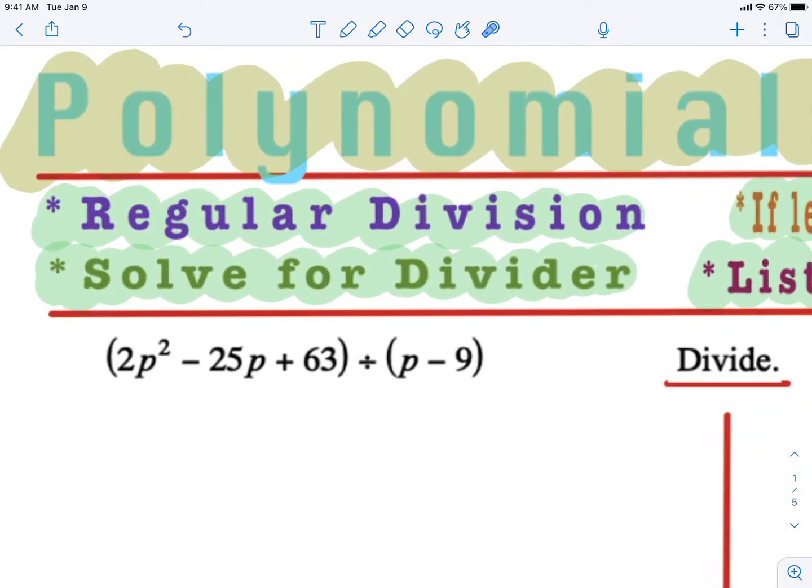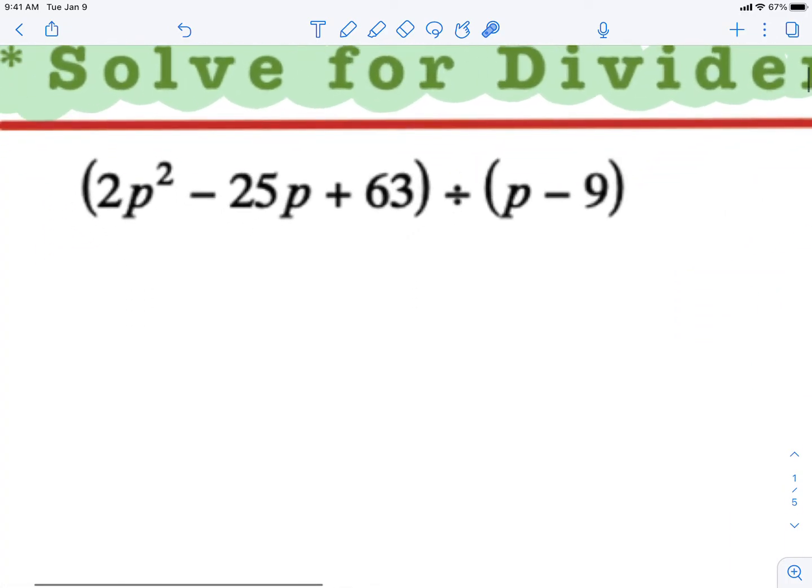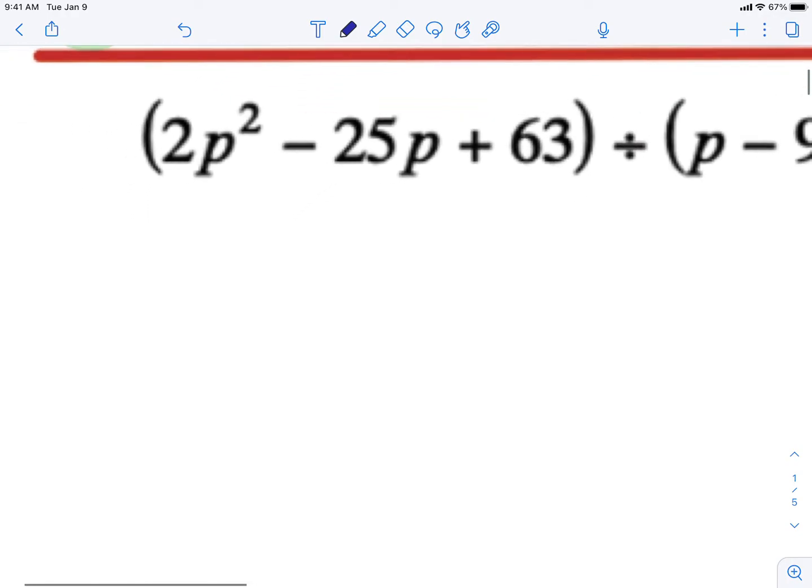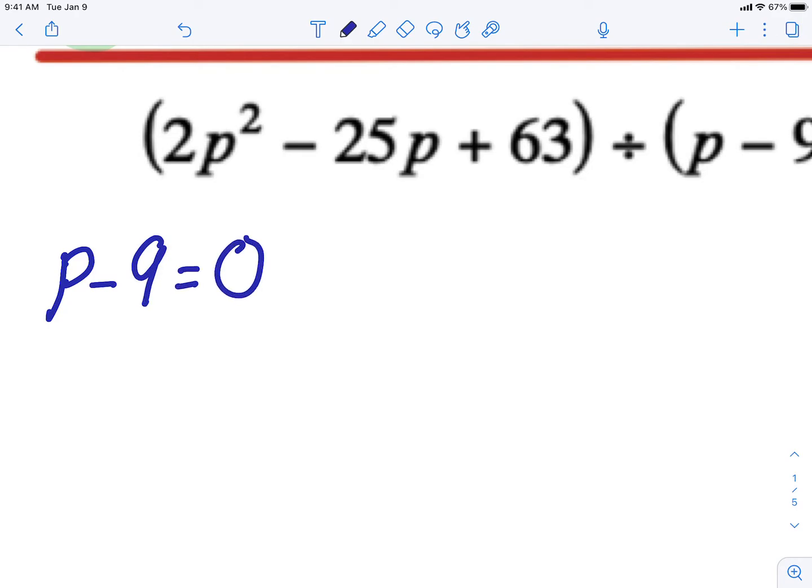The second bullet point we're going to follow is solve for the divider. I'm going to take this p minus 9 and make it equal 0. So p minus 9 is equal to 0, and I'm going to solve for p.